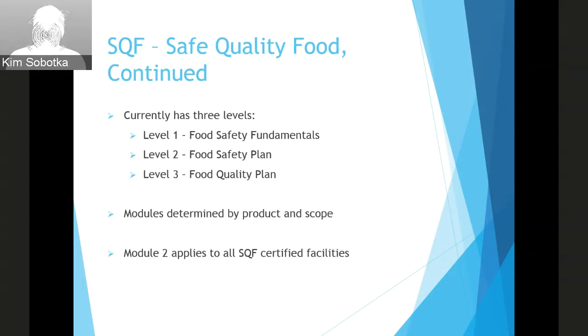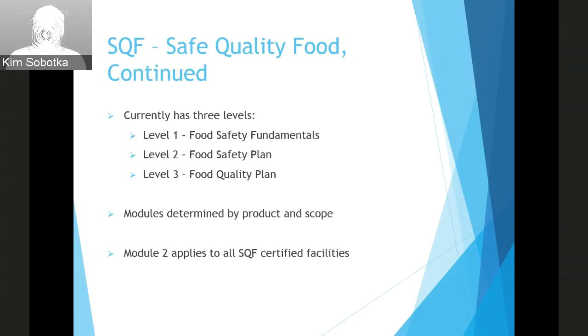The modules within the SQF code are determined by the product and scope. So there are, I believe, 17 modules in the SQF code. Module 2 applies to all certified facilities, and then you'll have a corresponding module based on what your product is. So in other words, if you process beverages, your modules are going to be 2 and 11 because your food sector category is 16.